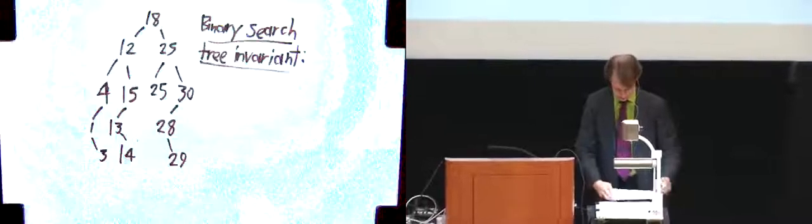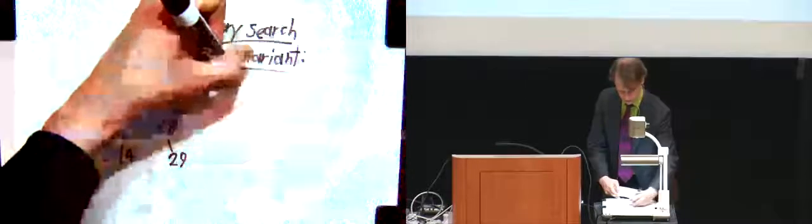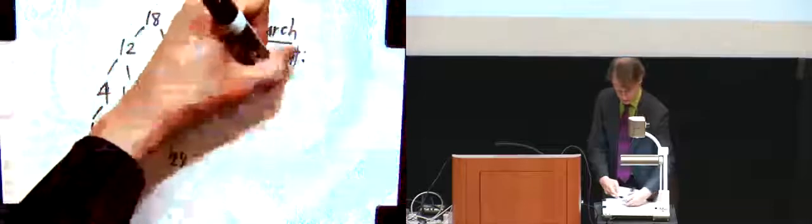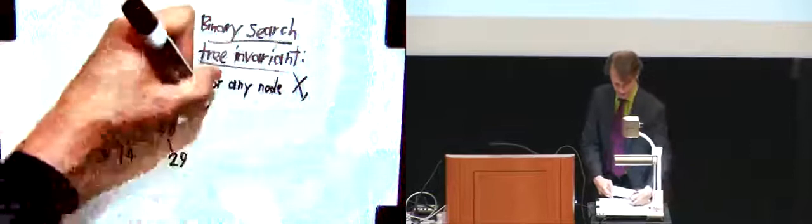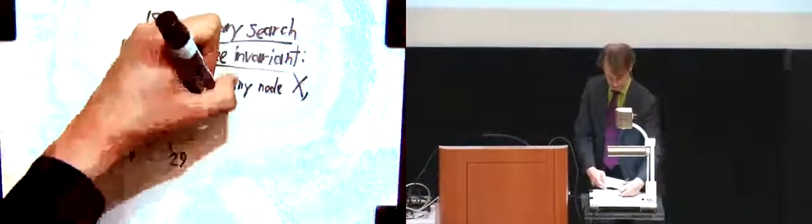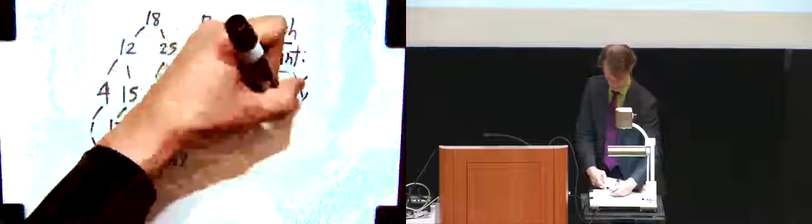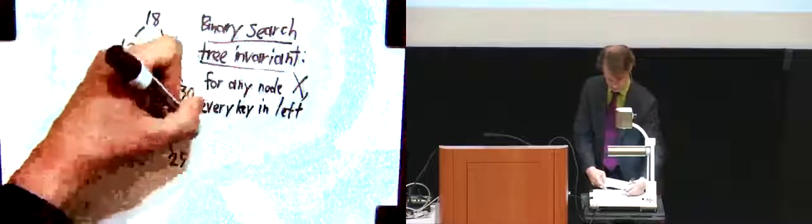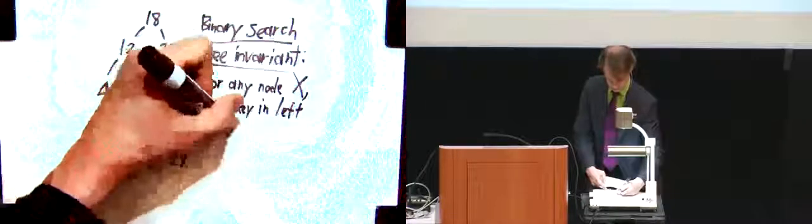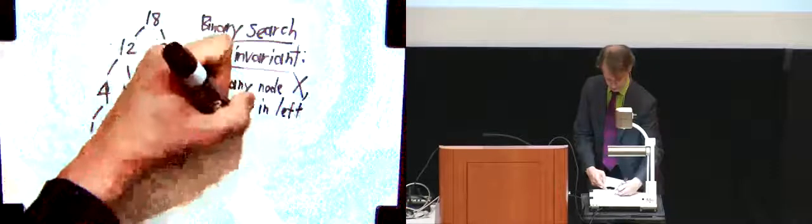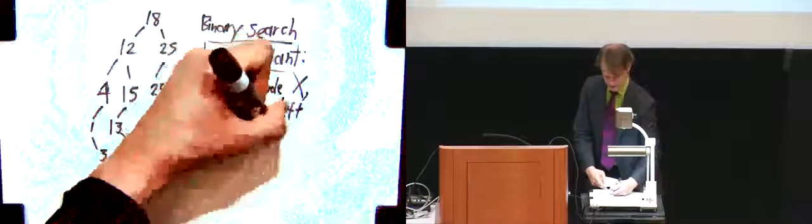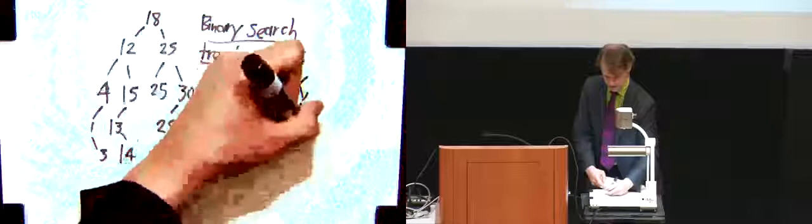So, putting that all together, that means for any node of the tree, we'll call it X, every key in the left subtree of X is less than or equal to X's key.